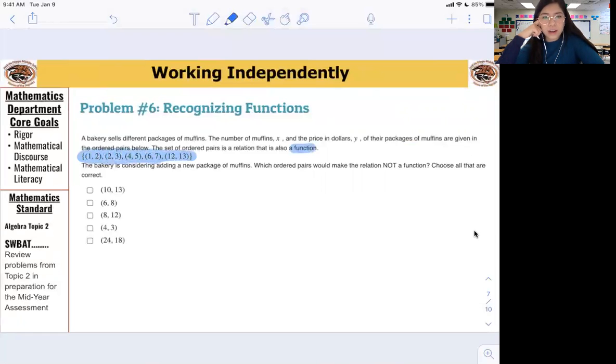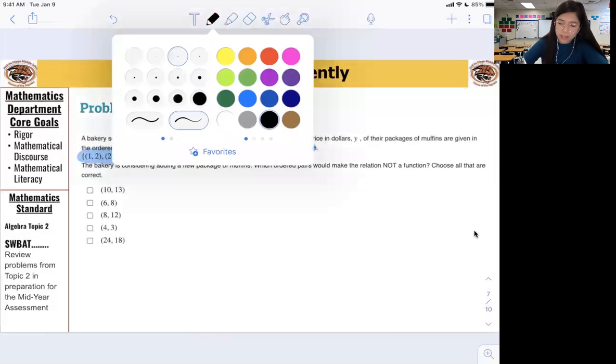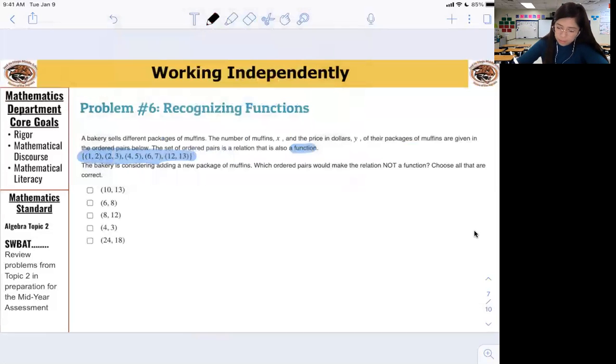The bakery is considering adding a new package of muffins. Which ordered pairs would make the relation not a function? Choose all that are correct. Whenever you have a list of ordered pairs, coordinate points, I always recommend that we put them into a table, because a table helps us to visualize and organize it a little bit better.